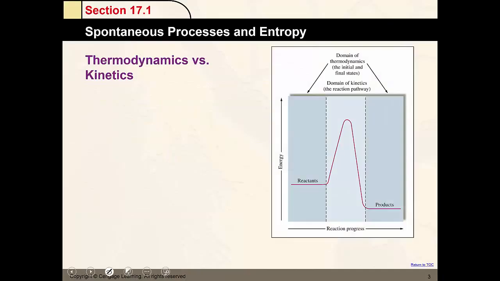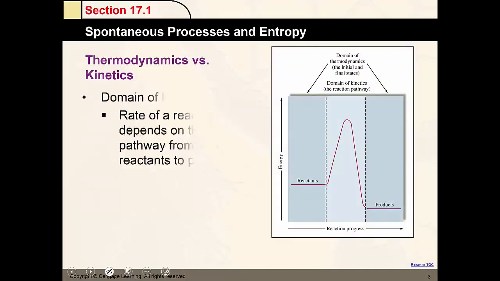Okay, so first off, a process occurs based on two different things. The first one, kinetics, which we are going to talk about at the end of the year, has to do with how fast a reaction occurs.